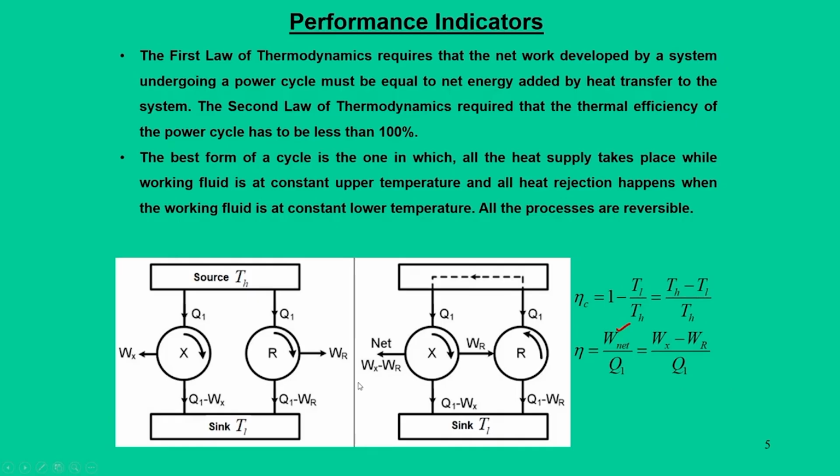But again, there are some additional devices which need to be integrated in this thermal circuit that also consume power. In a vapor power system, that is simply a pump. So, the net work is normally decided by the turbine work minus the pump work. So, this picture shows how that concept is justified.